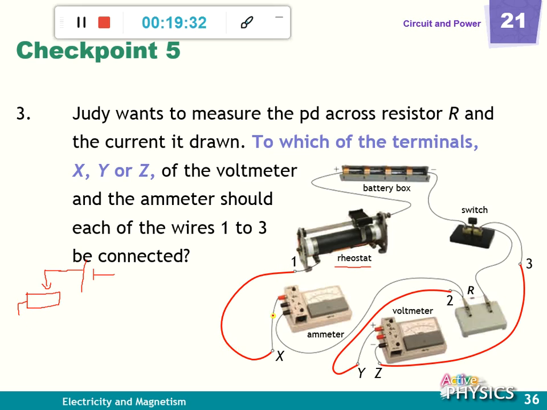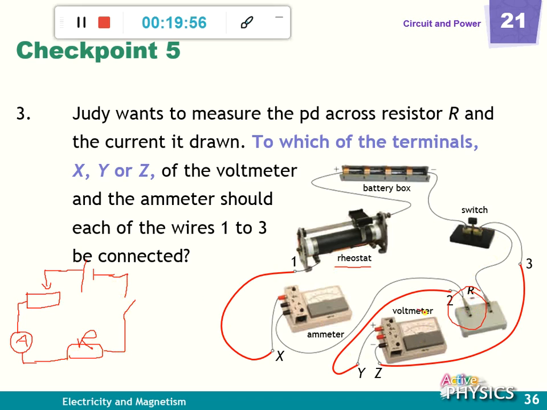And this part will be connected to the ammeter A. And then this ammeter will go into the resistor R. And then this resistor R will go to the switch, and then after the switch will go back to the negative terminal of the battery.